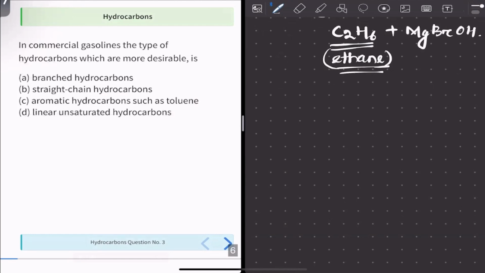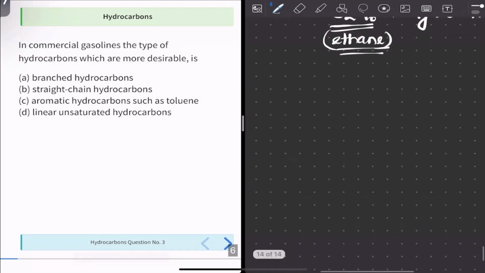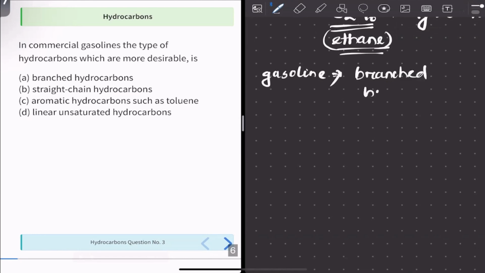In commercial gasolines, the type of hydrocarbons which are more desirable. Commercial gasolines means the fuel. Okay. For gasoline, we use branched hydrocarbons. Why?